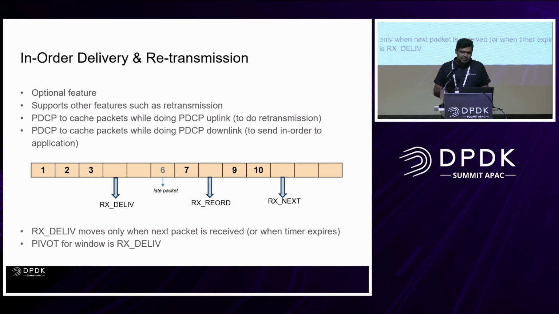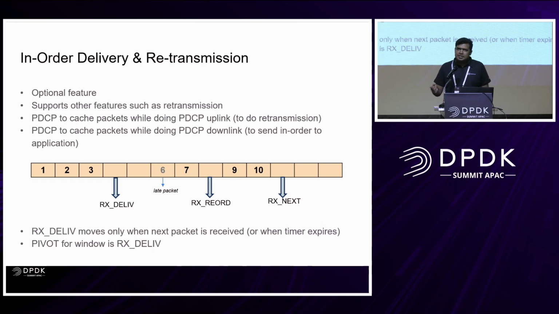So then obviously packets 4 and 5 are missing. So the PDCP layer detects that there is a packet missing, and it starts setting the various state variables. So the RX deliv, RX reord, RX next, these are the state variables that are used to track this window of packets that are in the window, out of window, etc.